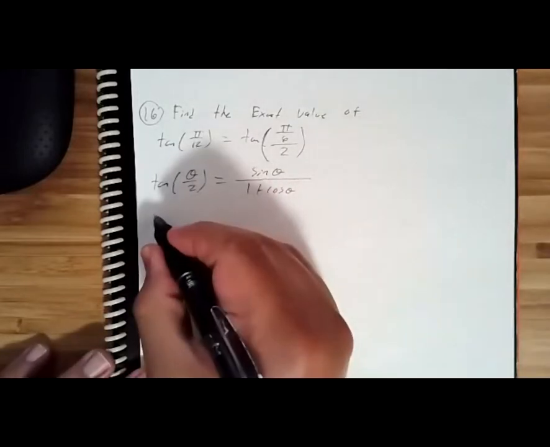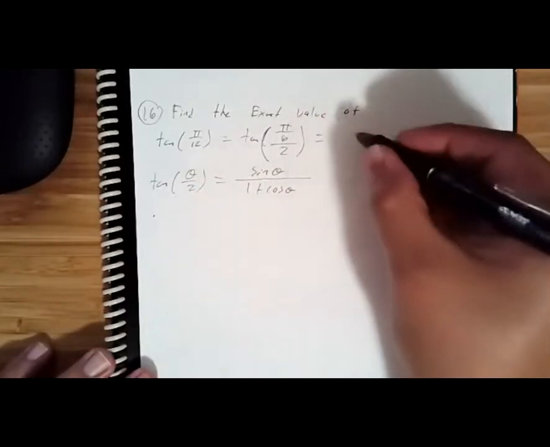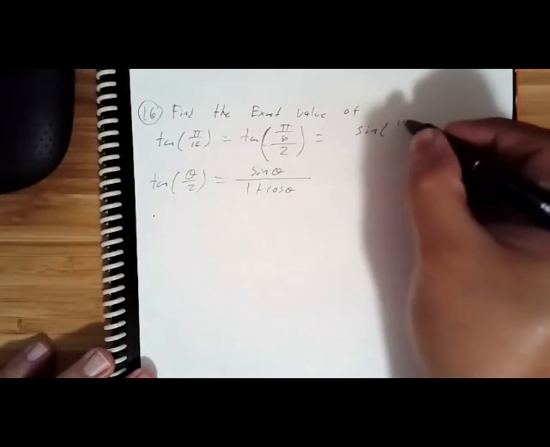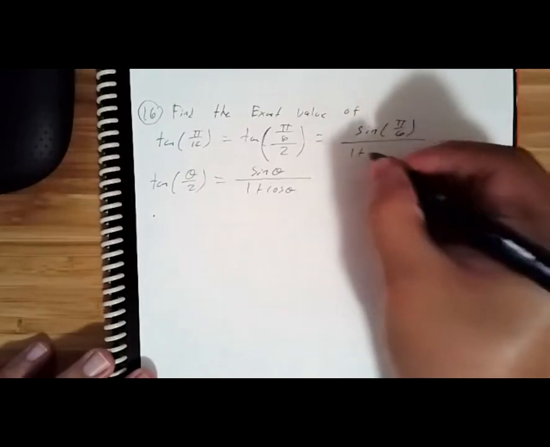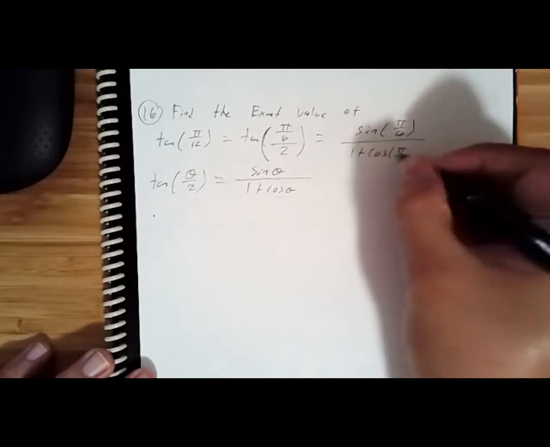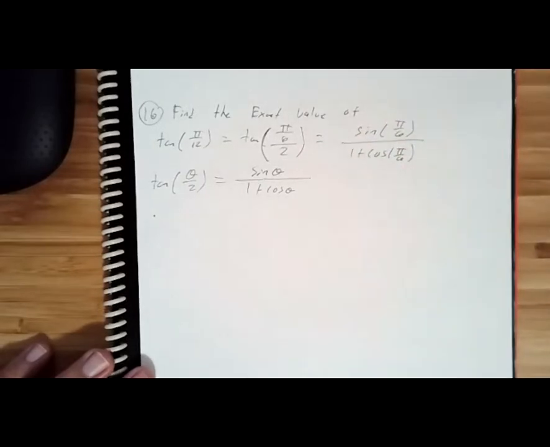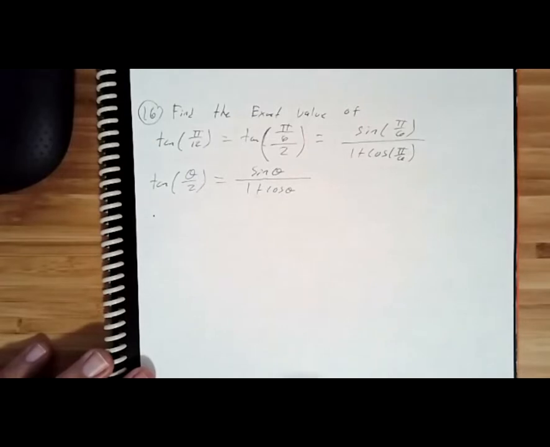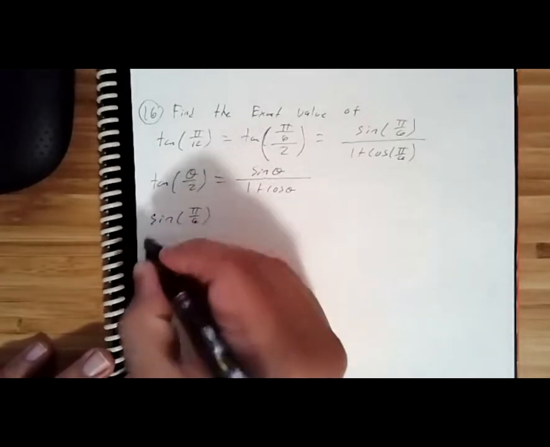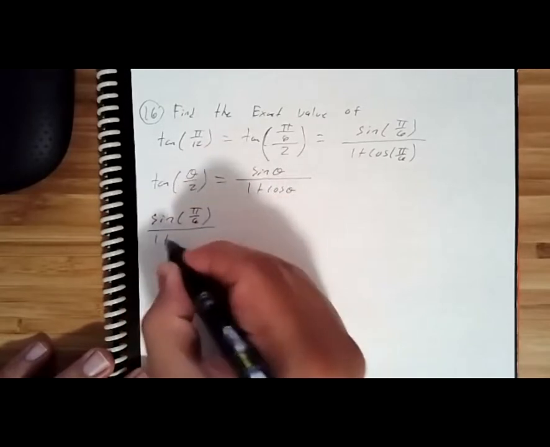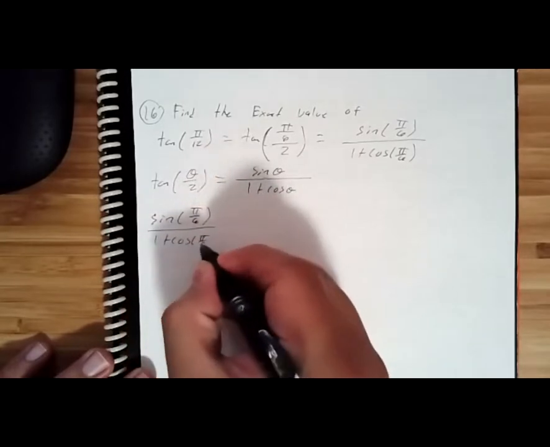So this would be equal to sine of pi over 6 over 1 plus cosine of pi over 6.